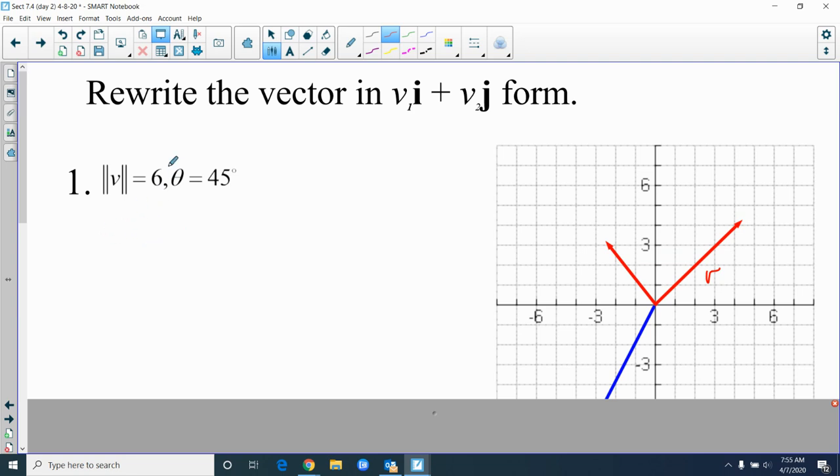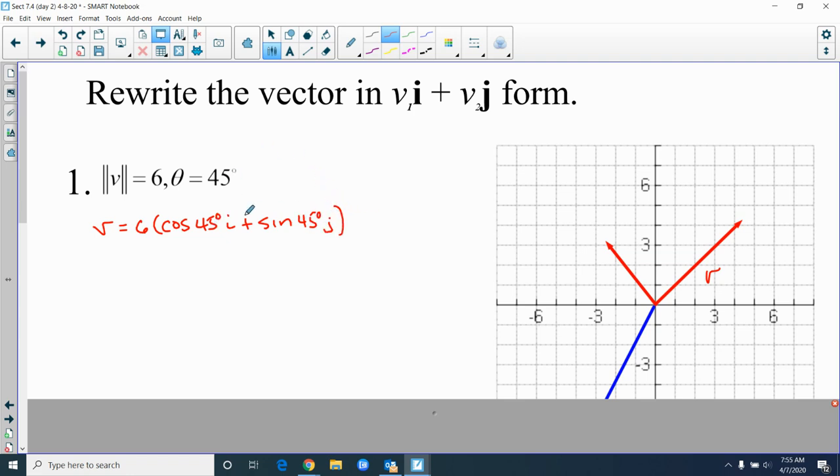So to find the ij form, vector v will equal 6 times cosine of 45 degrees i plus sine of 45 degrees j.